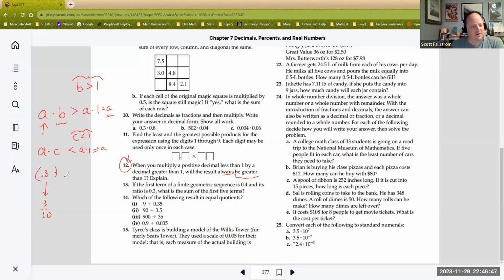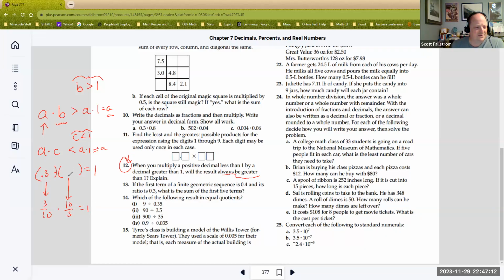Okay, so think of multiplying this by a decimal greater than 1. And could you get back to exactly the number 1? And what a great question, right? What could I multiply by 0.3 to get back to 1? Well, if you think of it as a fraction, you would multiply by the multiplicative inverse, the reciprocal. So you multiply by 10/3, and that would get you back to 1 itself.